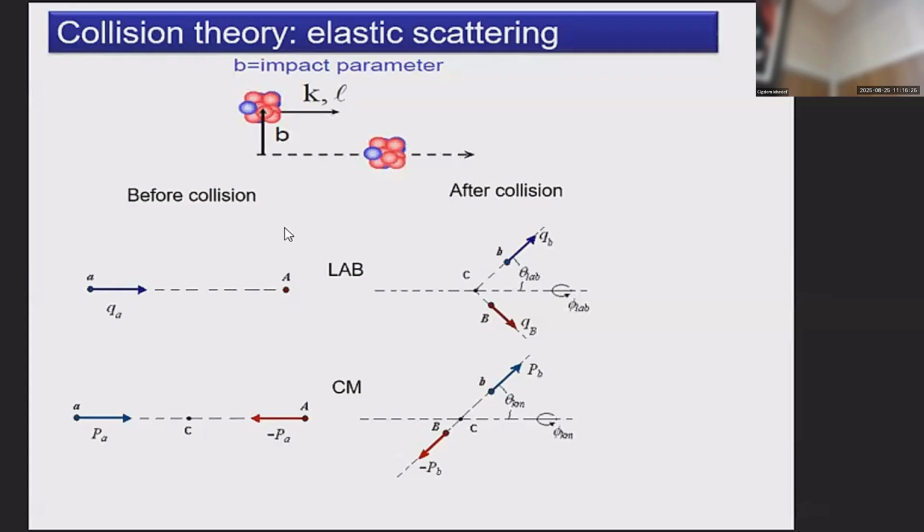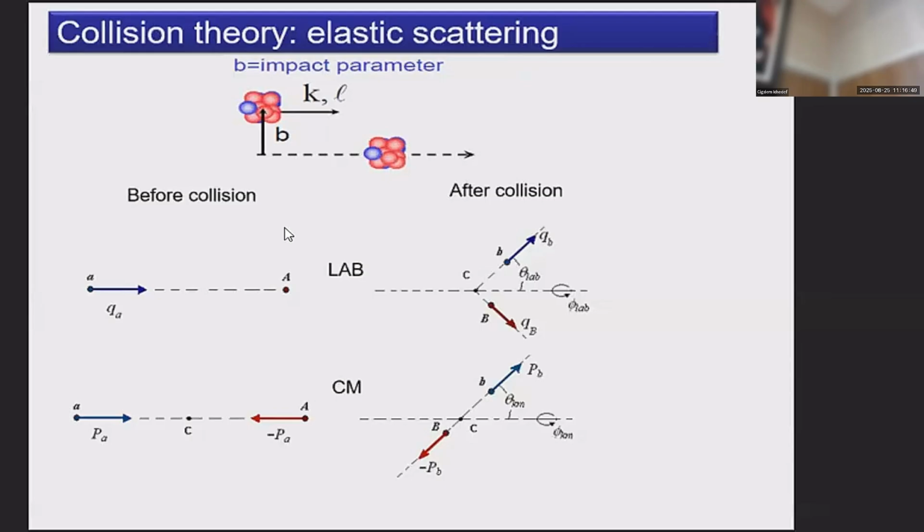Never forget it. In the lab system, the projectile comes to the target with a certain well-defined energy. The target is always fixed. And after the interaction, both are in the forward directions.